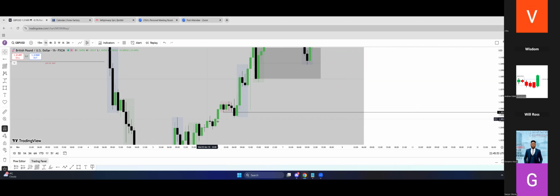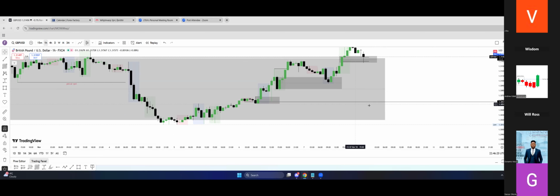Price took out this low and price did a change in state of delivery right here. You see price closed above the high, the wicks. Then you see price moved higher, then later came back to give you that entry. Whether you want to use this other block, it doesn't matter which one you are using. You see, it later came back. You just have to be patient.